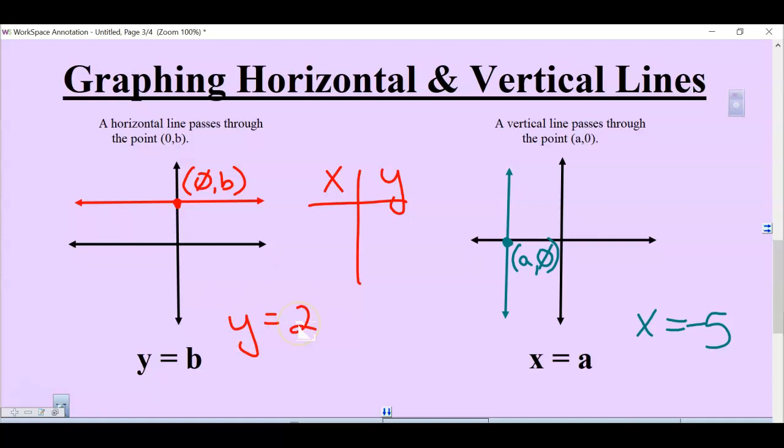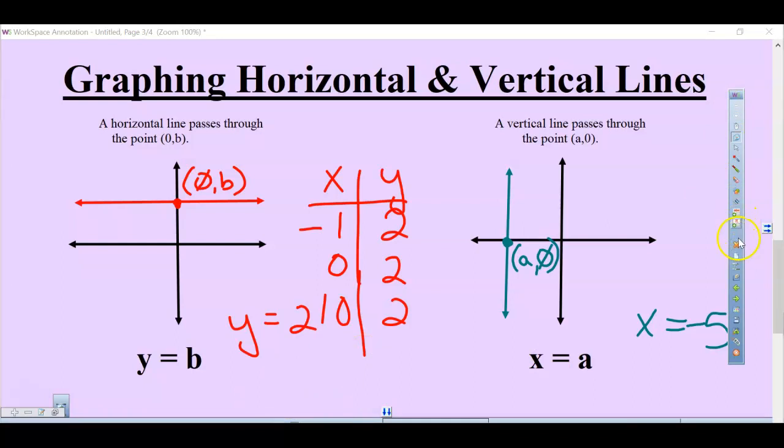It does not matter what x is. So if y is always equal to 2, I can put any number under the sun for x. But I'm always going to get 2 for y. And that's just what the equation says to do. It says y equals 2.